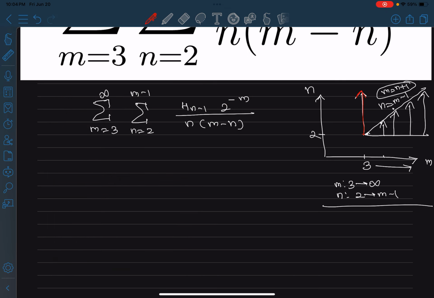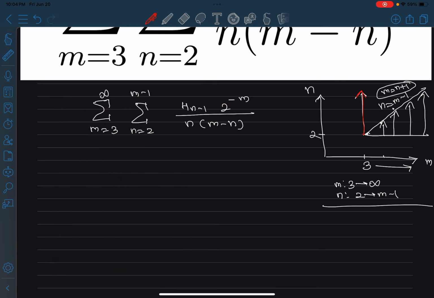This is because m equals n plus 1 and n equals m minus 1 are the same equation. So m goes from n plus 1 to infinity. In that case, we again cover this red area, which is basically the same area.